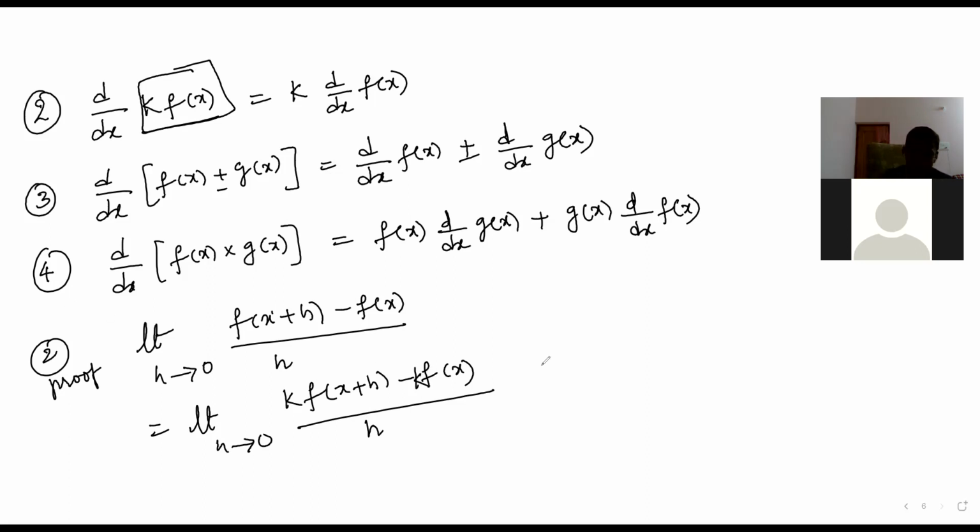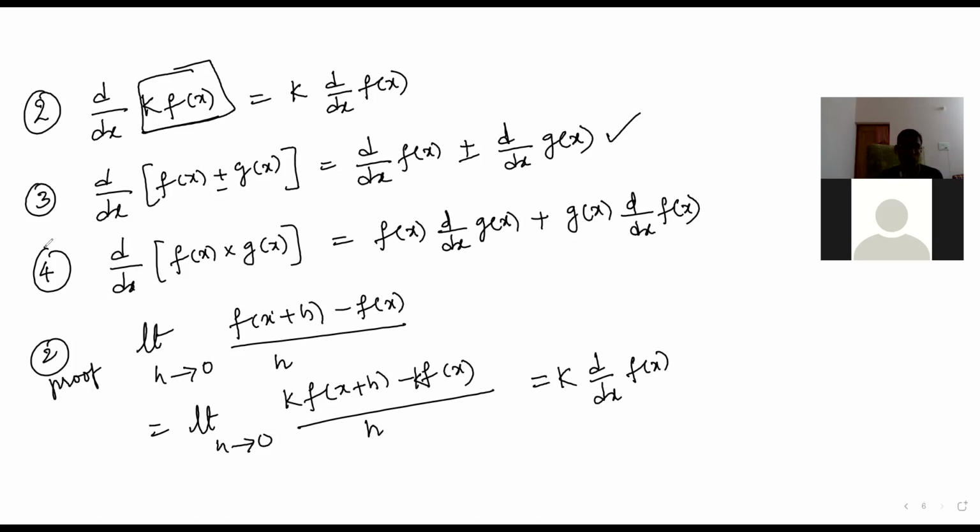Simply, k comes common. K into the remaining part, which is d by dx of f of x. Simple. The same is true for this one.